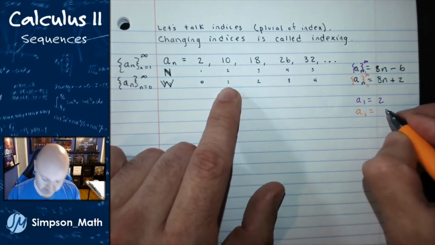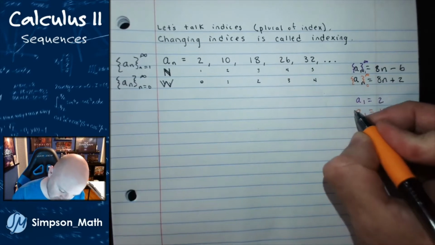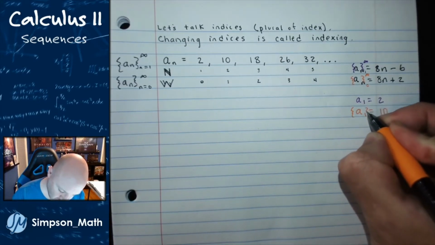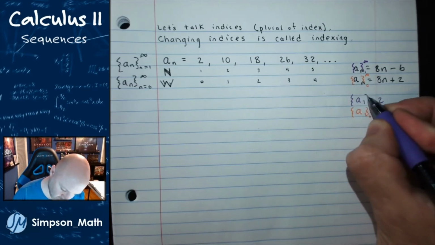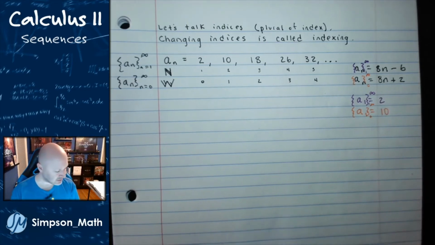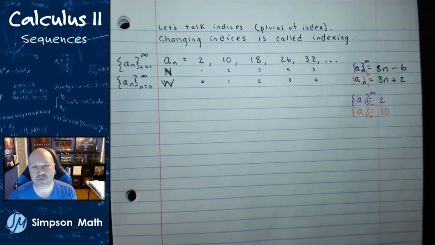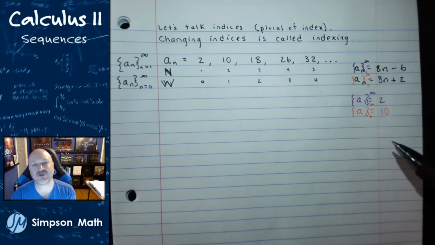This is talking about 10. Okay, that probably wasn't clear, but I'm going to pretend like it was and move on. This can be helpful when coming up with some closed forms. Sometimes it's easier to start off with a 0. So this is an option when you're trying to come up with a closed form.